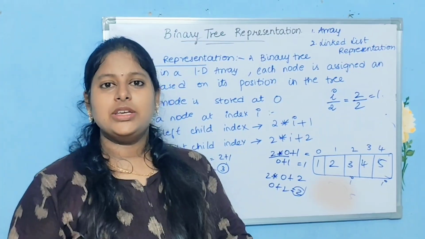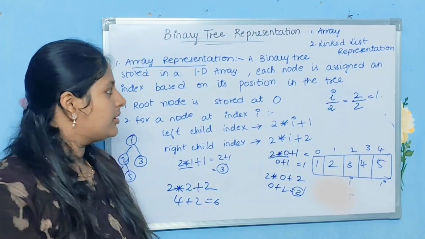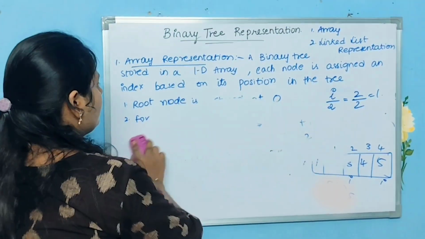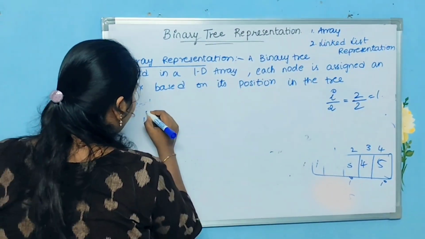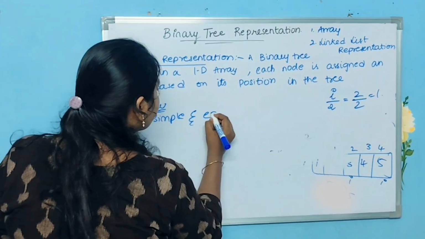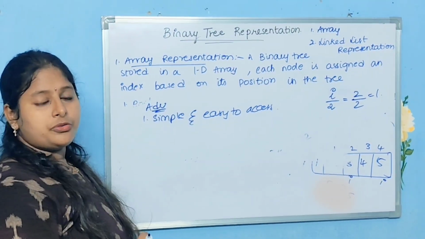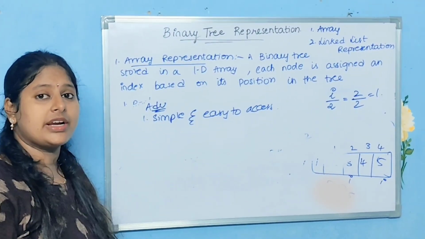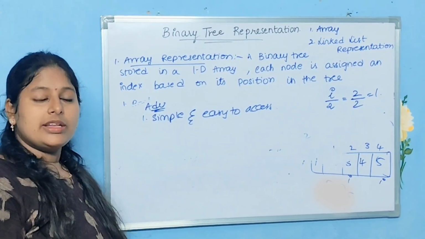Now we'll see the advantages and disadvantages of representing a binary tree using arrays. The main advantage is that it is simple and easy to access. If you want to insert an element at the left side, you take the particular index, calculate 2 into I plus 1, then insert the element.